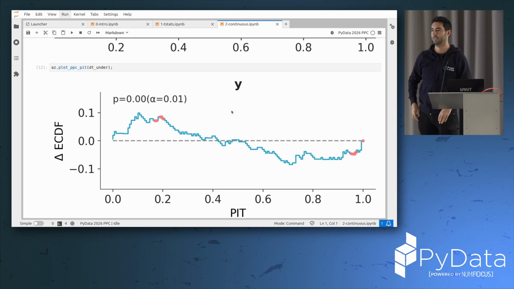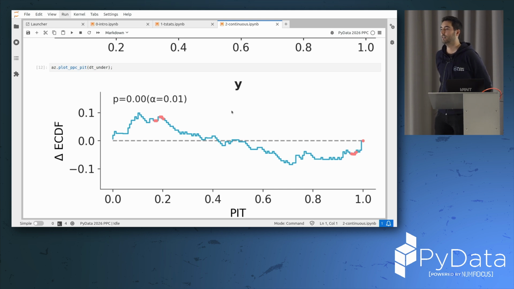Yes? Why do you think it's more problematic there and there? Sorry? The orange markers. The orange markers are the observations that contribute the most to the ECDF being off the ideal ECDF.